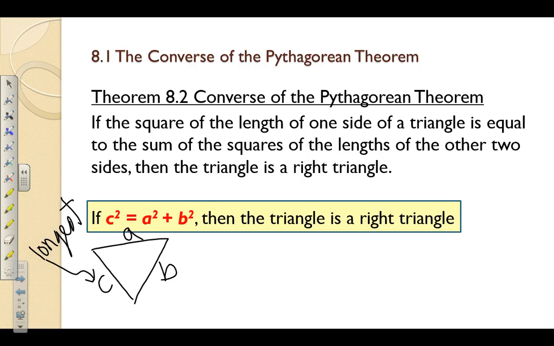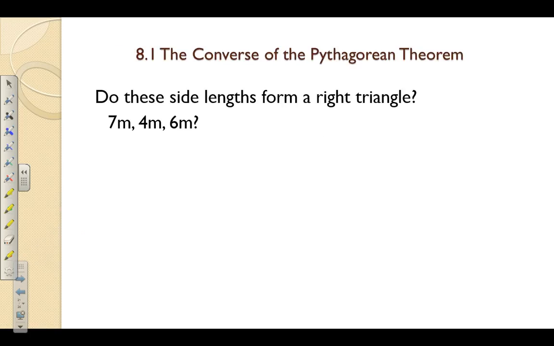But first let's see an example related to determining: do these lengths form a right triangle? So my c squared, this is going to be my c, and then a and b are interchangeable. My c squared equals 7 squared, or 49.